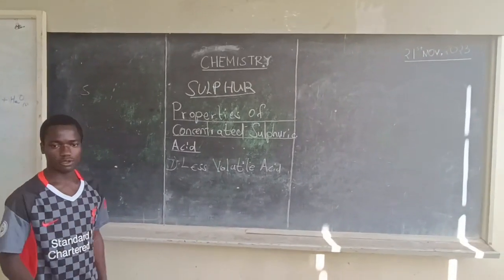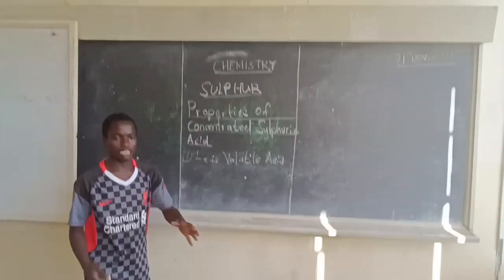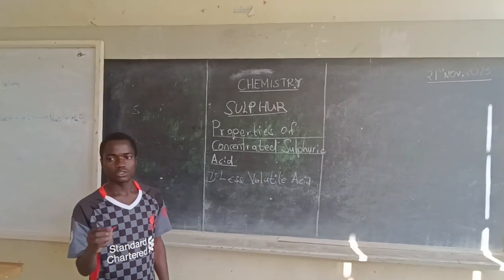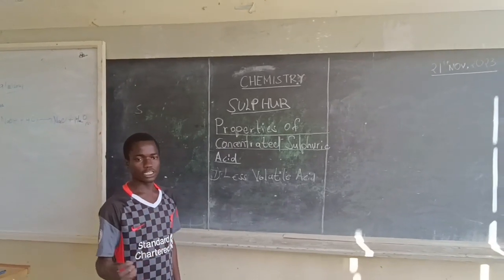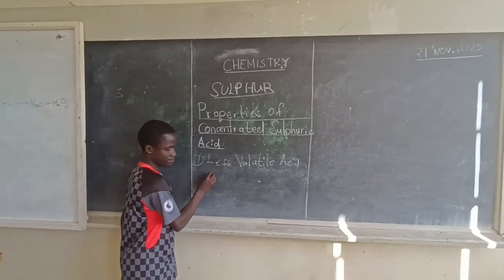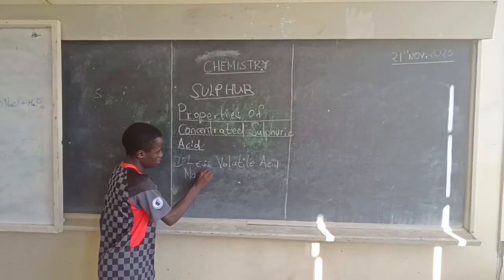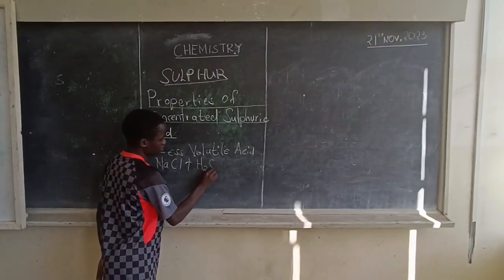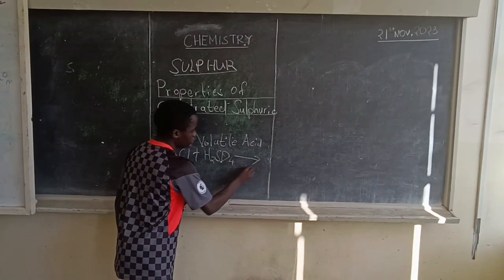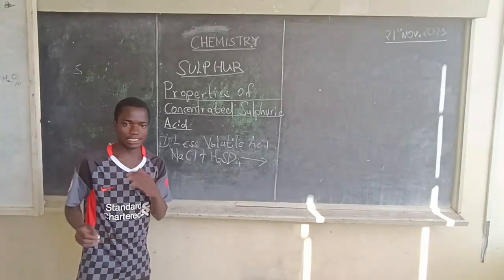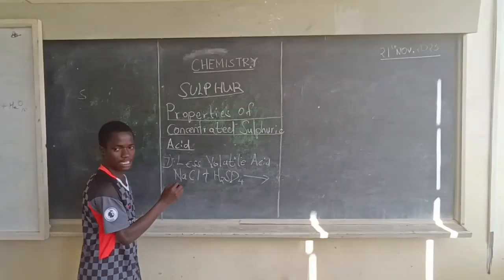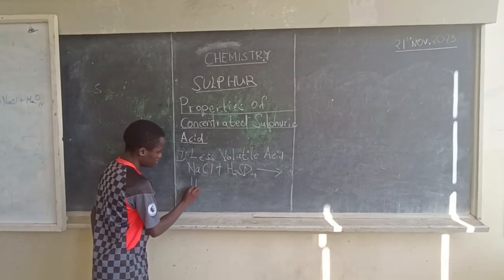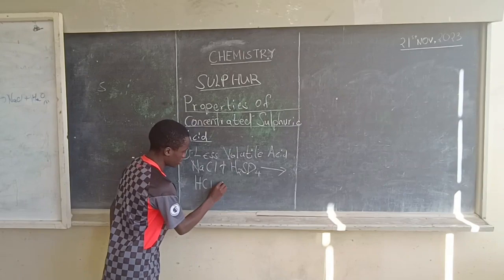Now we have an application of how that less volatile property can be exhibited. A good example is that you can take a solid salt of hydrochloric acid, an example is sodium chloride. When you add concentrated sulfuric acid, this produces a more volatile acid, which is hydrochloric acid.